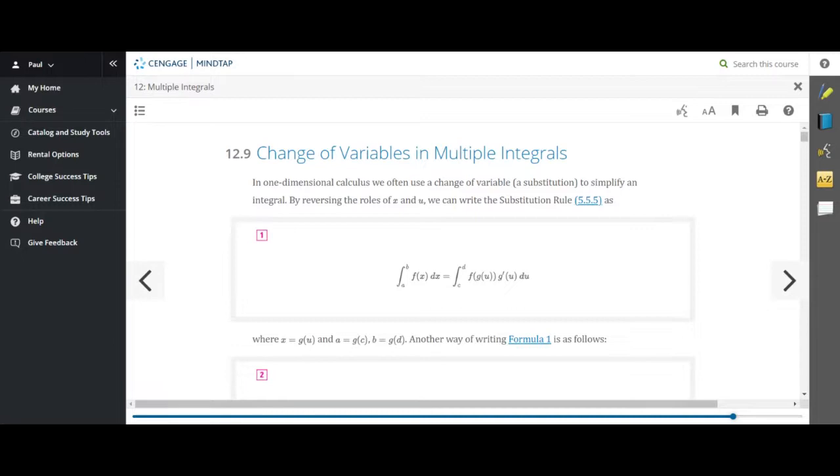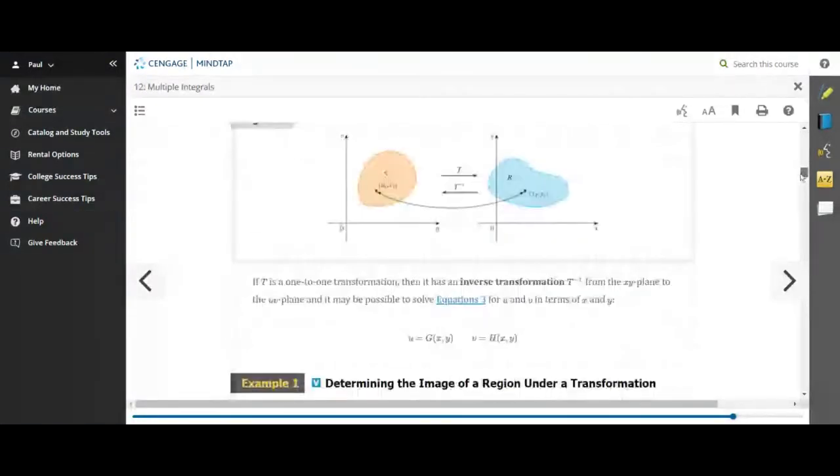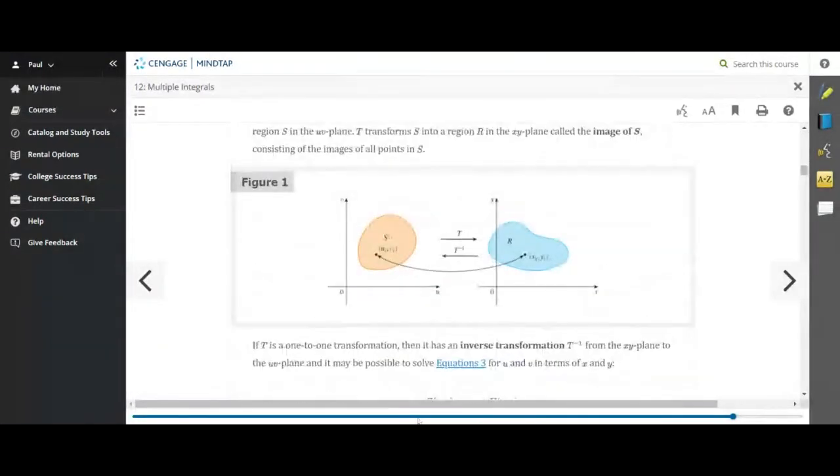When you deal with double integrals, you're dealing with regions of integration. So, like they show in figure 1 here, you can have a region S with respect to variables u and v, and through a certain transformation, you can convert that region S to a region R with respect to x and y.